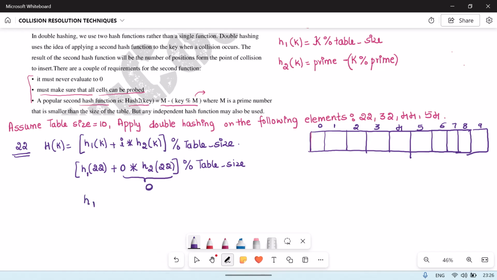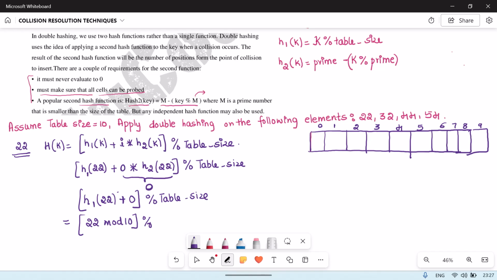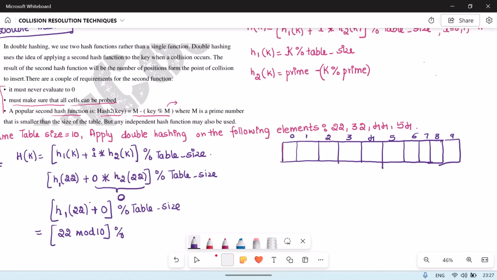So it is h1 of 22 plus 0, mod table_size. So h of 22 is 22 mod 10, and the table size is also 10.